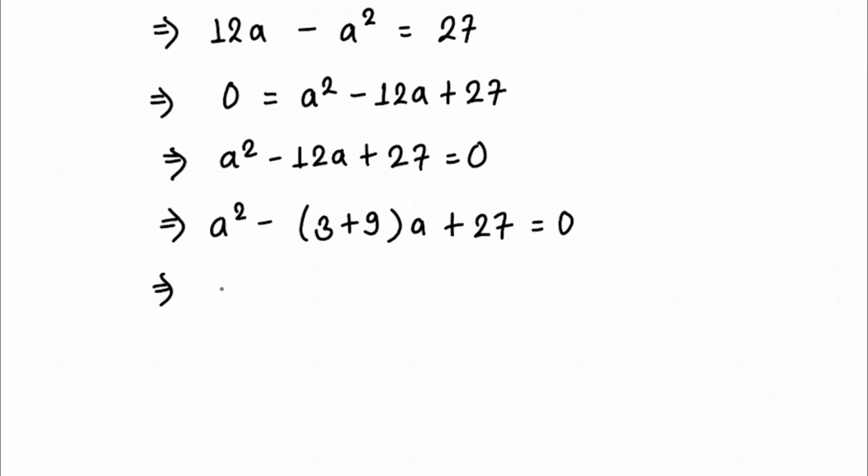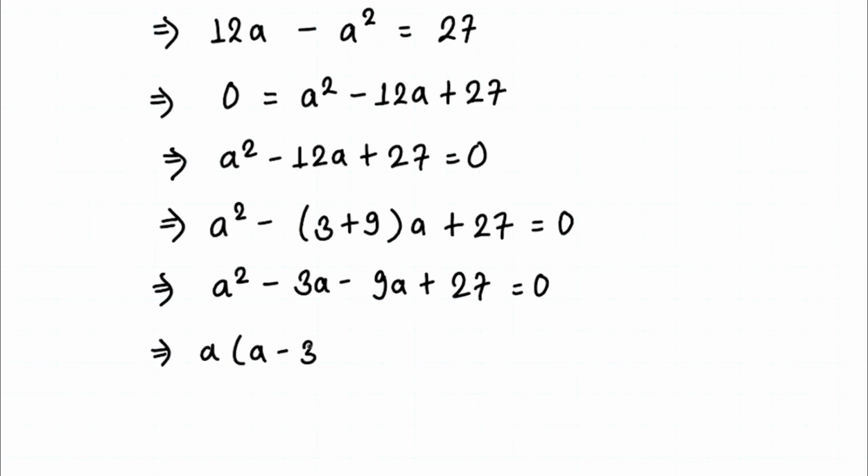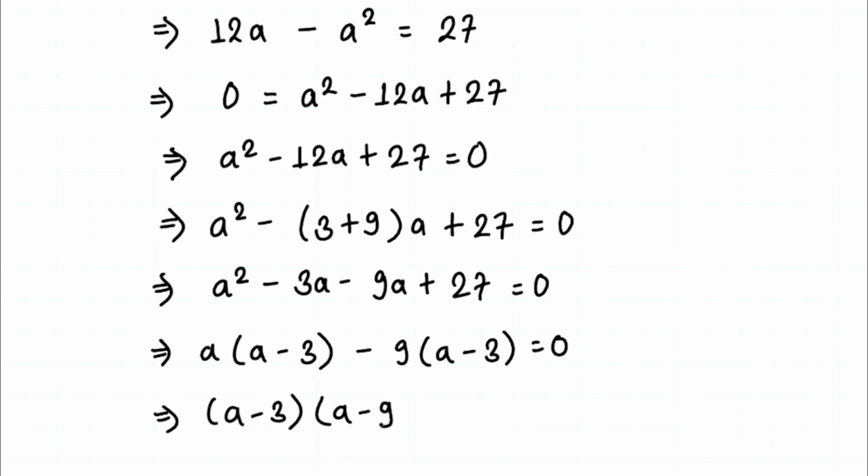So now we can easily factorize this, so we get a square minus 3a minus 9a plus 27 equals 0. Now let's take common, so we have a common, a minus 3, minus 9 common, and again a minus 3 equals 0. And we get a minus 3, a minus 9 equals 0.